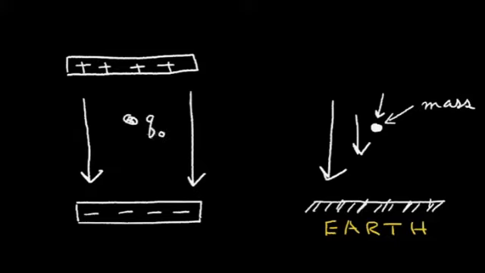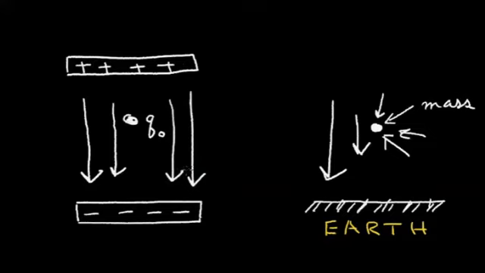This is generally a very tiny charge, because if this charge was very big, it would influence this electric field, just like if this mass was extremely large, if it were the mass of the moon, it would change the field at the surface of the Earth. So we always assume that this mass is rather small compared to the mass of the Earth, just as this charge Q0 is relatively small compared to these surrounding charges on these metal plates.